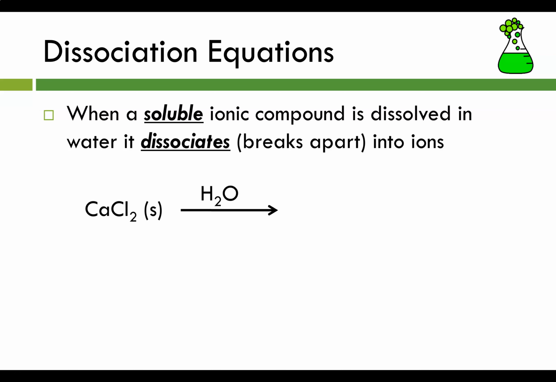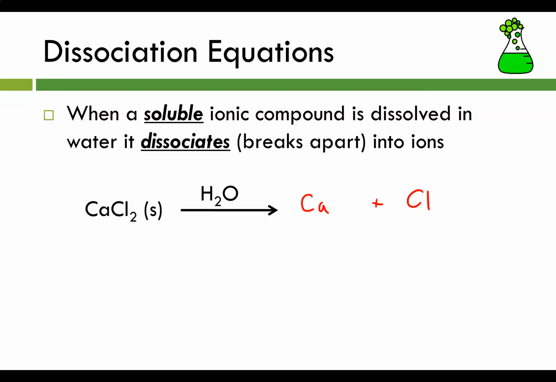So let's look at this change. In this case, we have calcium chloride, a solid. Water over the reaction arrow just means it's dissolving. It's not really a reaction between the two. So I'm going to break calcium chloride up into calciums and chlorines. The challenging part is trying to figure out the charge of the calcium ion and the charge of the chloride ion.